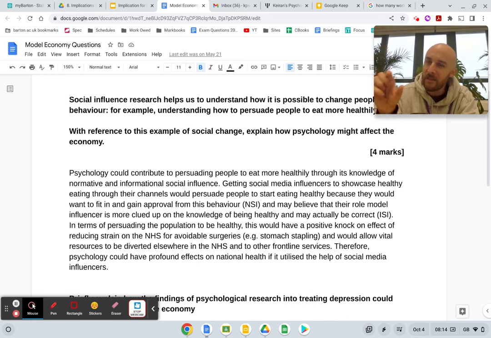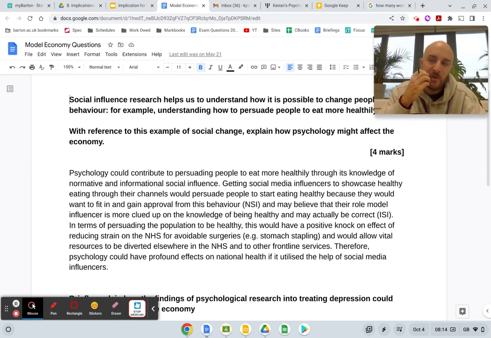Right, so do you see you've linked the theory in here? In terms of persuading the population to be healthy, this would provide a positive knock-on effect of reducing strain on the NHS for avoidable surgeries, e.g., stomach stapling, and would allow vital resources to be diverted elsewhere in the NHS and other frontline services. Therefore, psychology could have a profound effect on national health if it utilised the help of social media influencers.